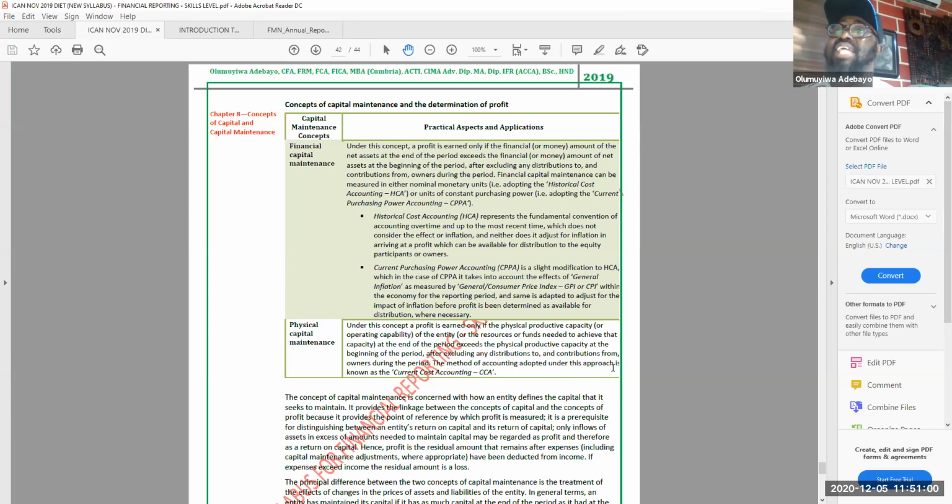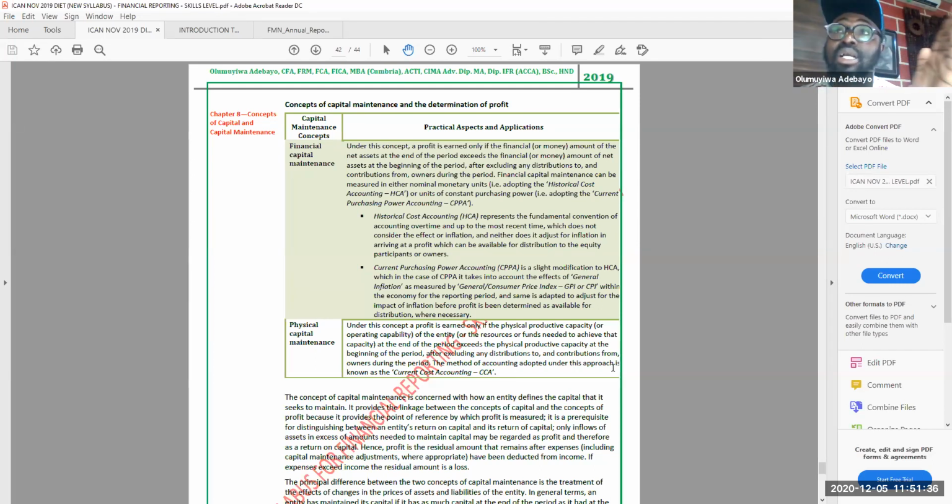But the difference is that the physical concept only deals specifically with inflation of commodities that affect your business, which means if your business is into items of petroleum supply, inflation rates relating to petroleum supply is what will be adjusted for, not the general inflation rates. You can say that one is dealing with specific inflation, the other is dealing with general inflation, and that needs to be taken into consideration.